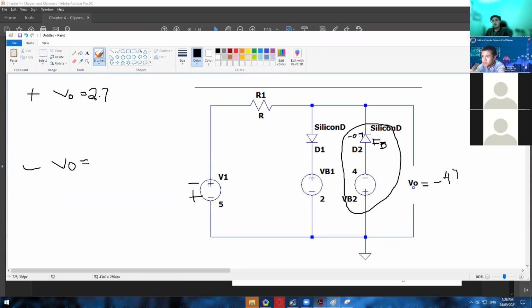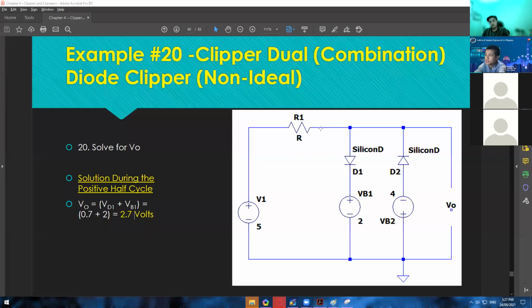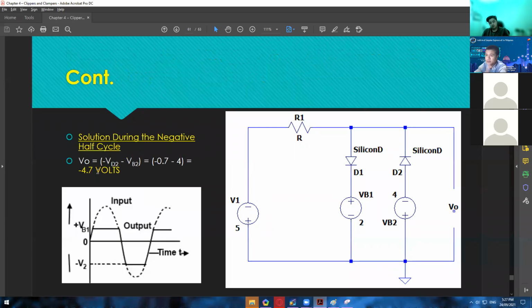In here we have positive to positive, negative to positive, positive to negative. So this one is a reverse bias. The same with this one, positive to negative, negative to positive. So reverse bias. So when it comes to a dual clipper, we read the voltage output on a forward bias connection. So we have here negative 4.7.